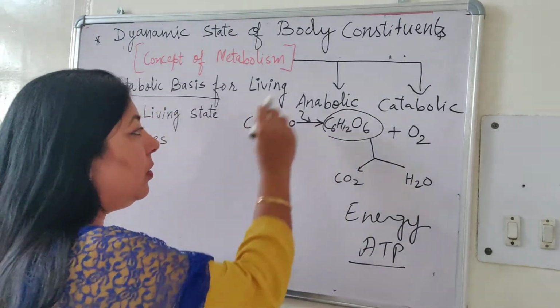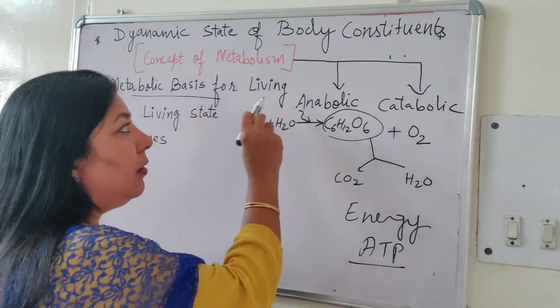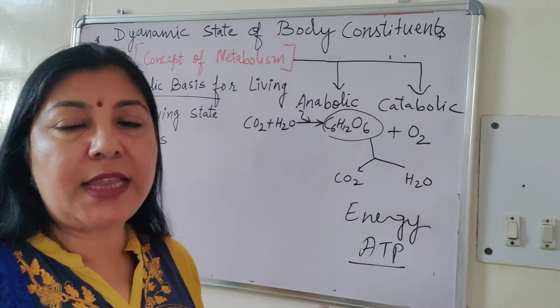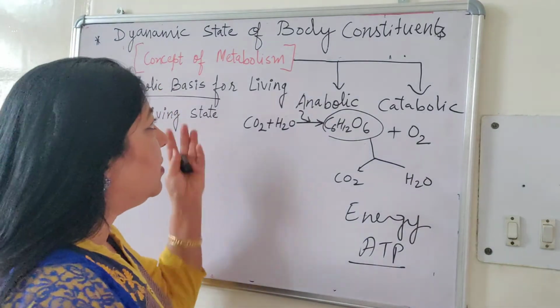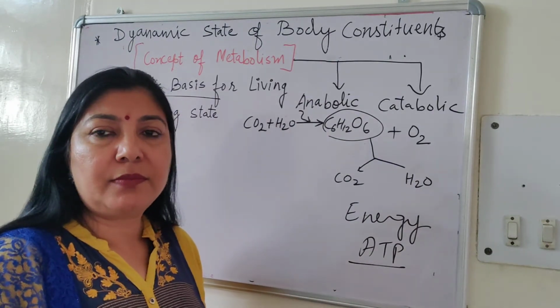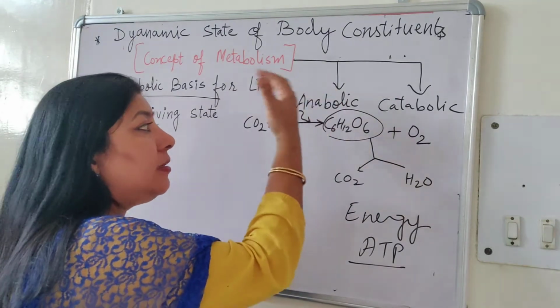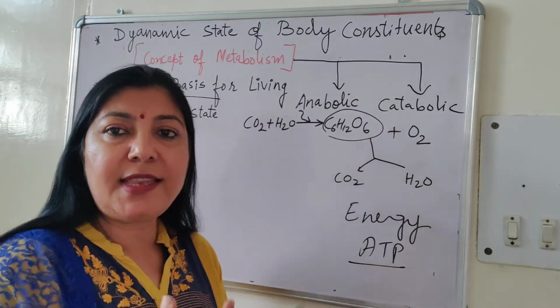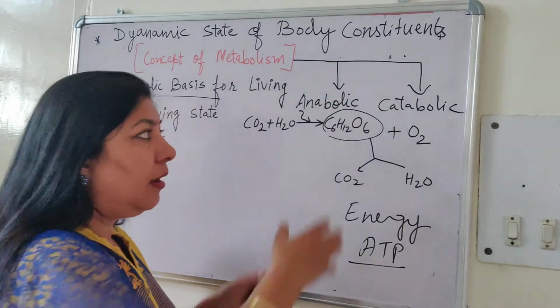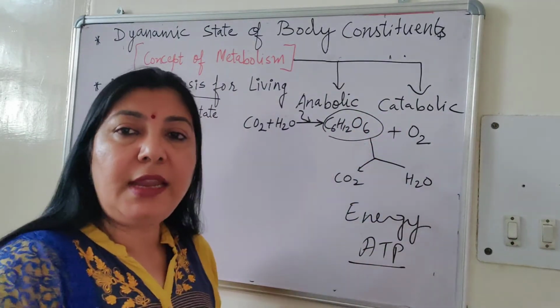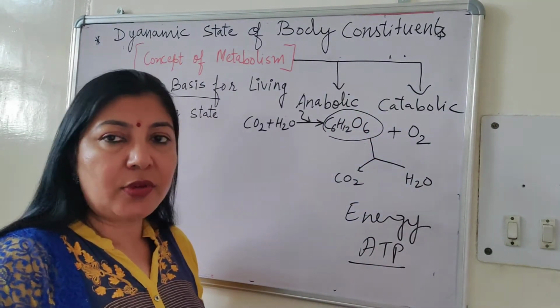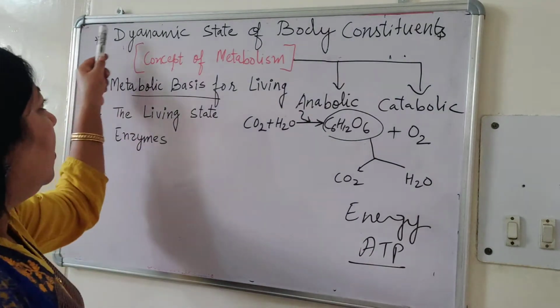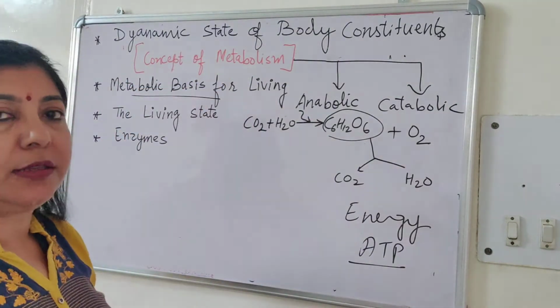This sum total of catabolic and anabolic reactions is called metabolism. Here energy is used up, just like endothermic reactions; there energy is released, just like exothermic reactions. So this was the concept of metabolism.